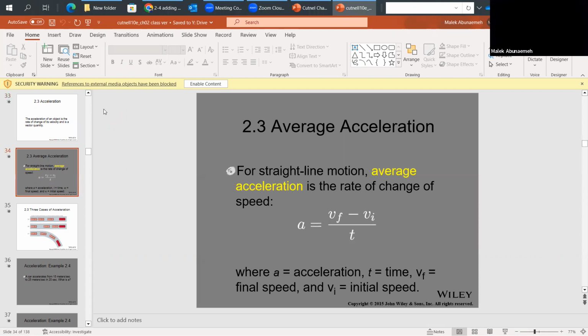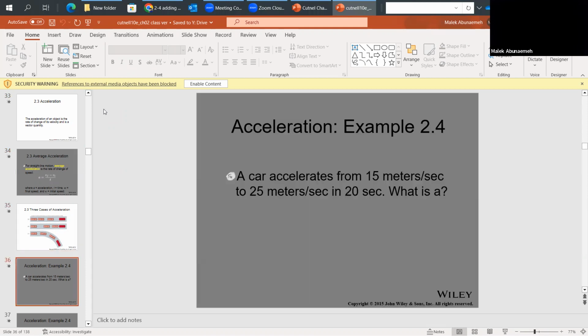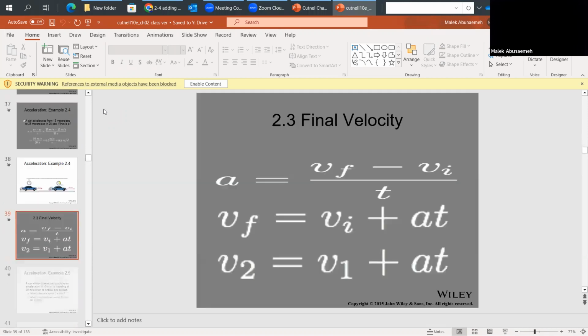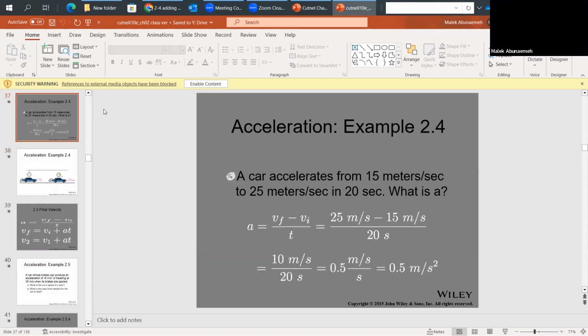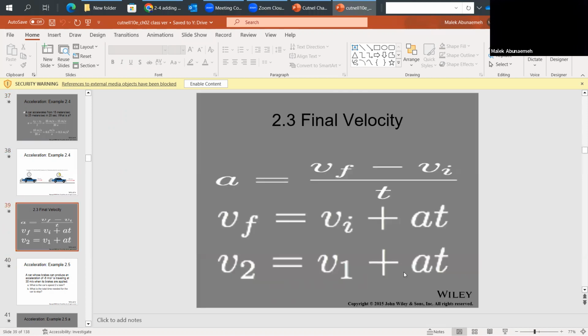Now, for straight line motion, the average acceleration is the rate of change of speed, where A is the acceleration, T is the time, VF is the final speed, and VI is the initial speed. We worked this example where a car accelerates from 15 meters per second to 25 meters per second in 20 seconds. We found out that the acceleration was 0.5 meters per second squared. And notice it's meters per second squared because it's distance over time squared. That's your unit for acceleration.